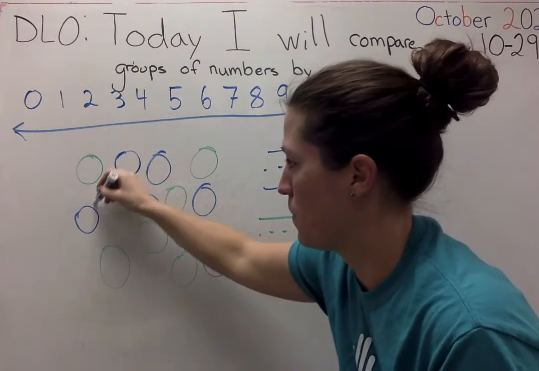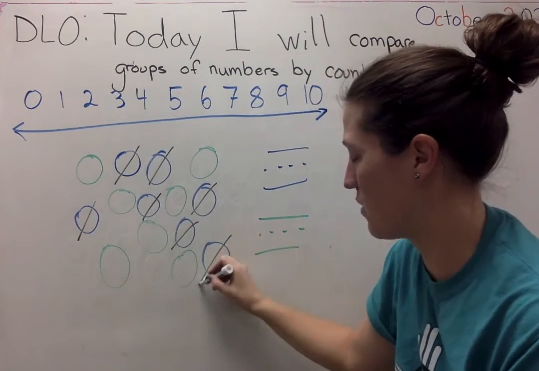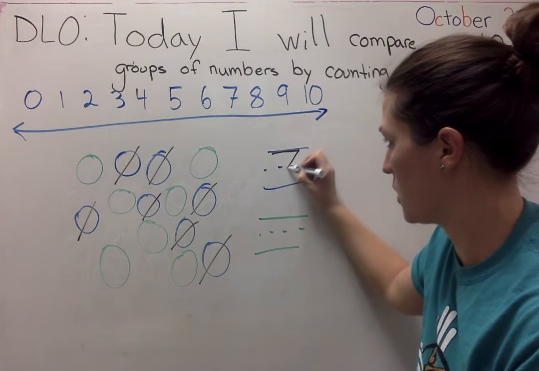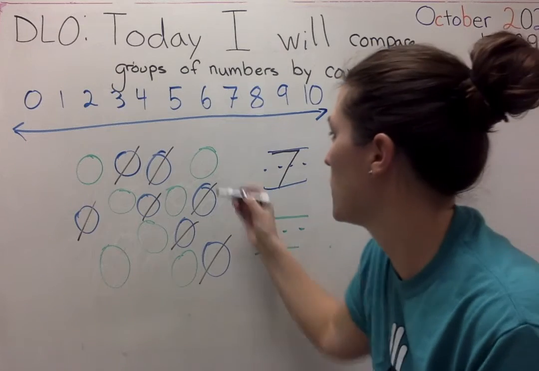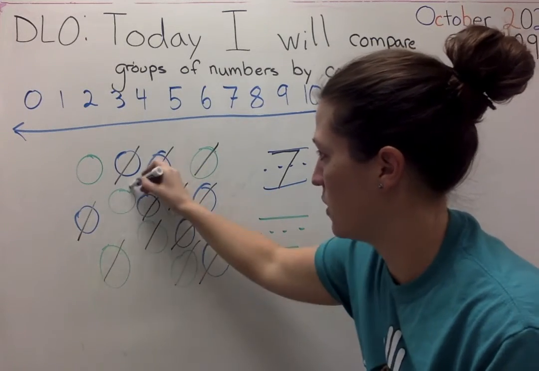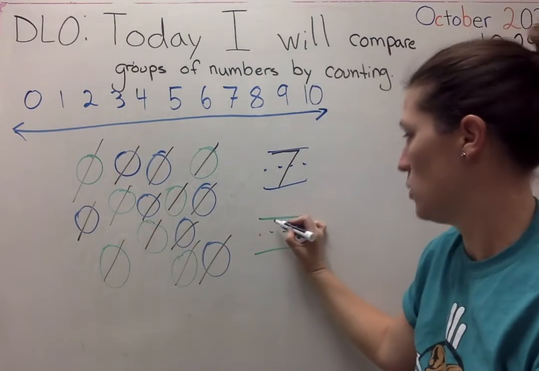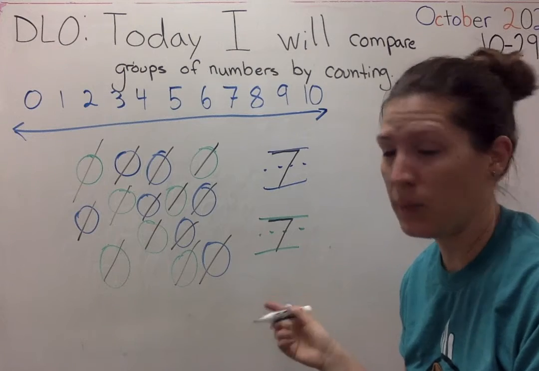Let's do blue first. 1, 2, 3, 4, 5, 6, 7. Straight across, down from heaven. That's the way you make a 7. Let's count the green ones. 1, 2, 3, 4, 5, 6, 7. Straight across, down from heaven. That's the way you make a 7.